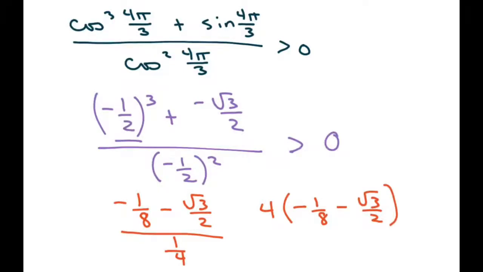And it's going to be 4, so 4 is positive, times a negative number. That's going to be negative. So this is not greater than 0. So this is false. You basically don't have to do any more math because all you have to do is see if it's positive or negative. It's not, so this is false.